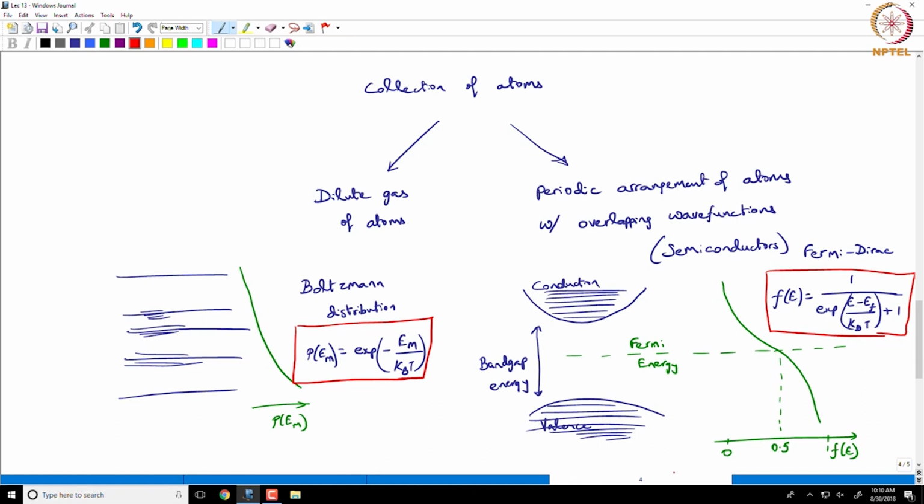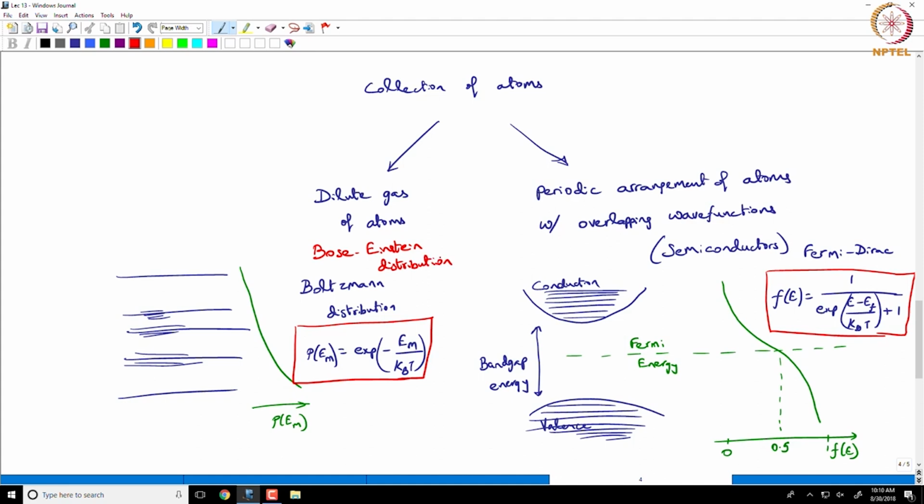We said, okay, there are atomic systems which follow the Fermi-Dirac distribution, and there are atomic systems where under thermal equilibrium conditions, it actually corresponds to the Boltzmann distribution, but we will introduce another distribution here, which is called the Bose-Einstein distribution, right.